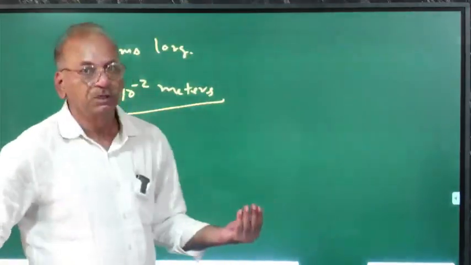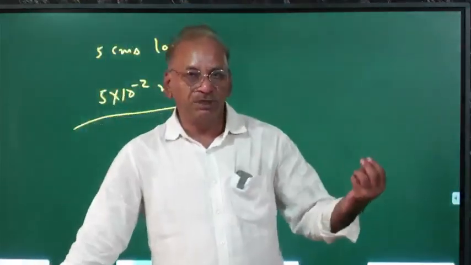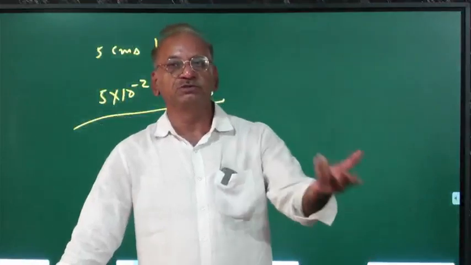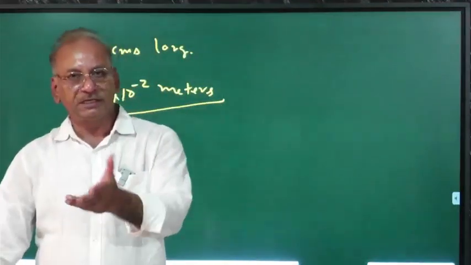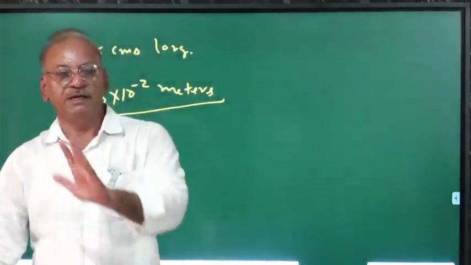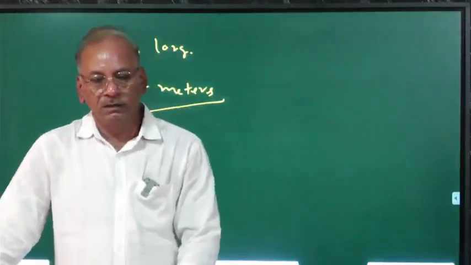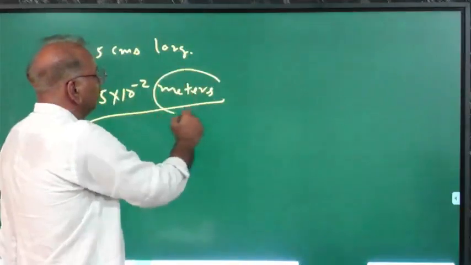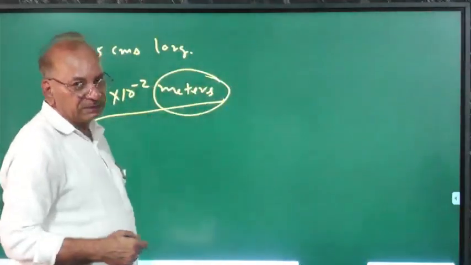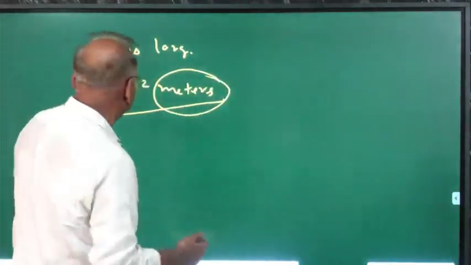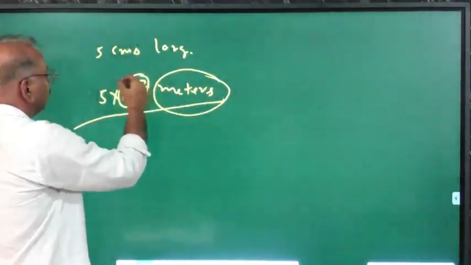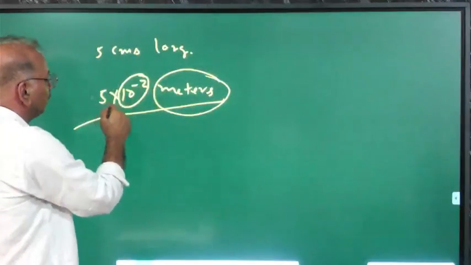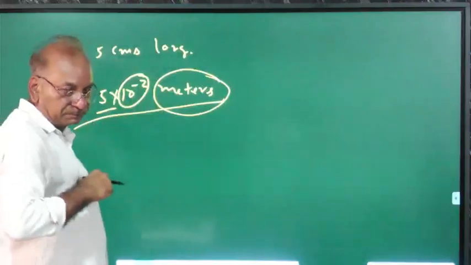Somebody may use micrometer, somebody may use millimeter, centimeter, meter, kilometer, decimeter, decameter and million meter. These things are not required. Only start expressing things in one unit, that is meter, the standard unit. Just add 10 to the power whatever the range is.